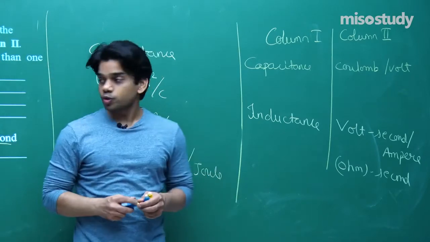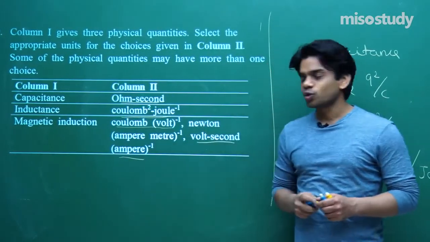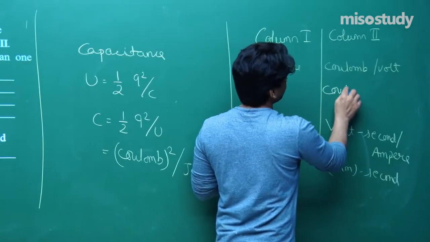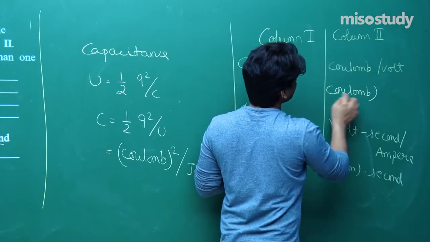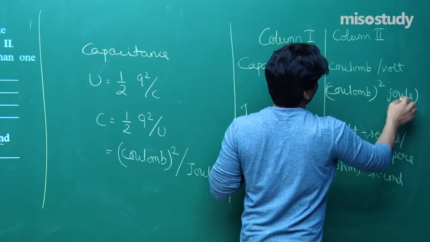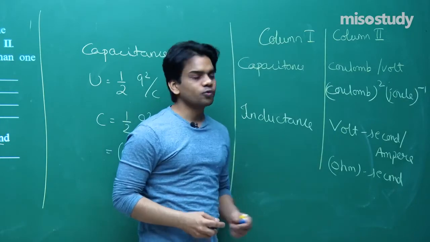So for capacitance we have Coulomb square per joule power minus 1. Let me write down here: Coulomb square and joule power minus 1. So we got two units for capacitance and two units for inductance.